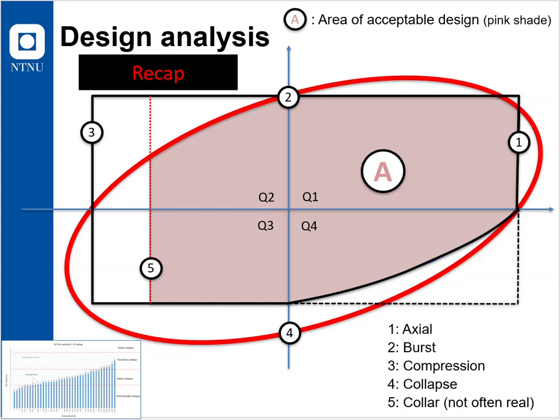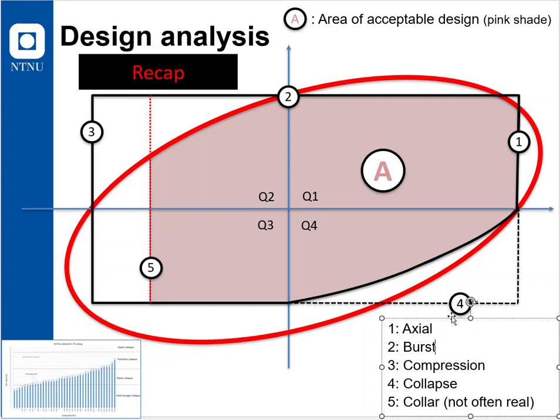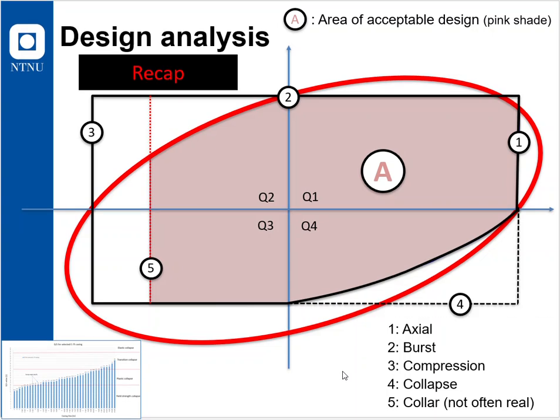Number 1 will be the axial tensile, and number 3 the axial compression loads. And number 4, the horizontal line below, is the collapse area. We should probably have put number 4 here in the compressional quadrant 3. Again, not very often in the literature.